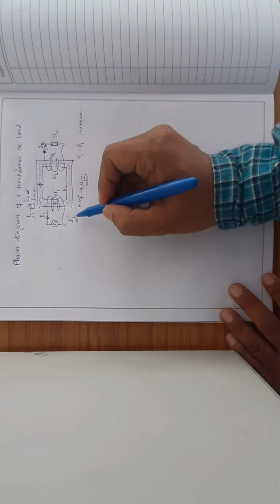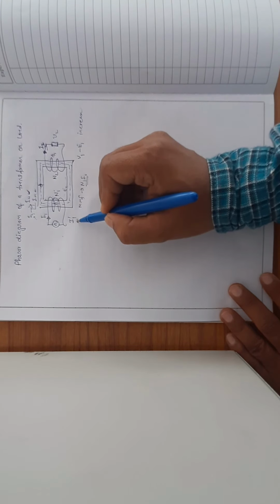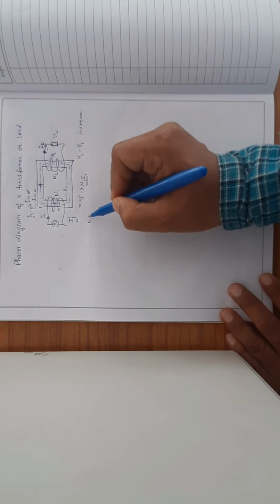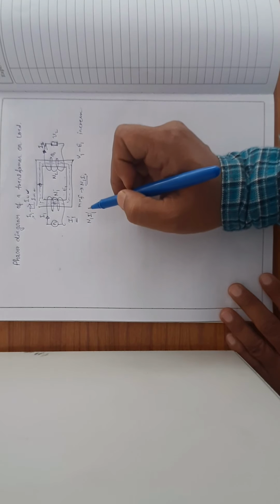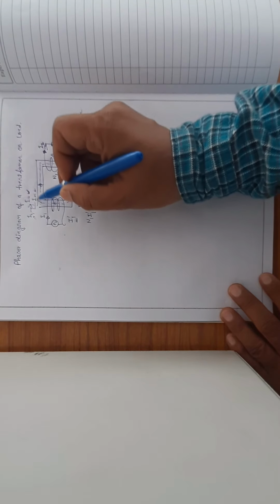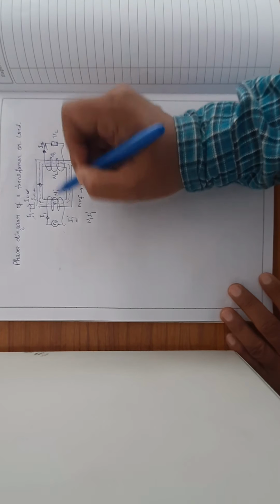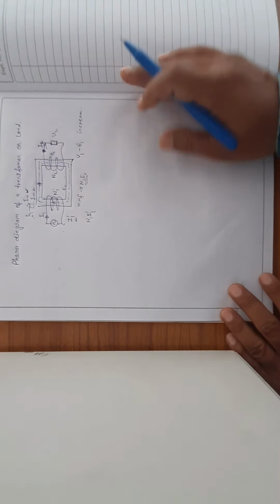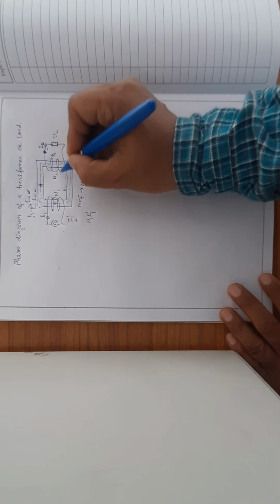I1 dash sets its own MMF N1 I1 dash producing flux phi1 in the same direction as the main flux and cancels the phi2 produced by N2 I2.